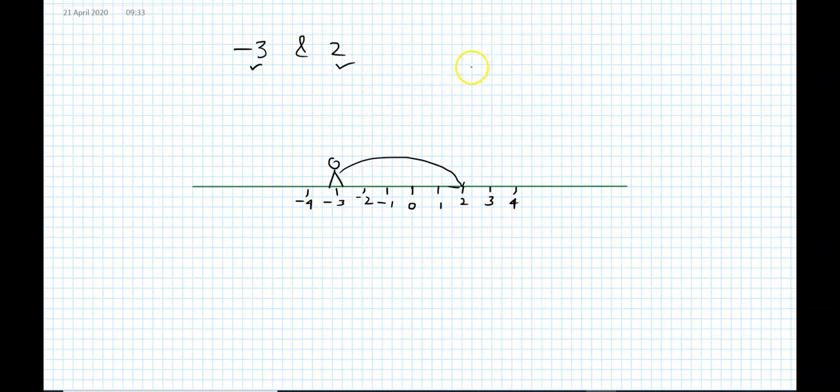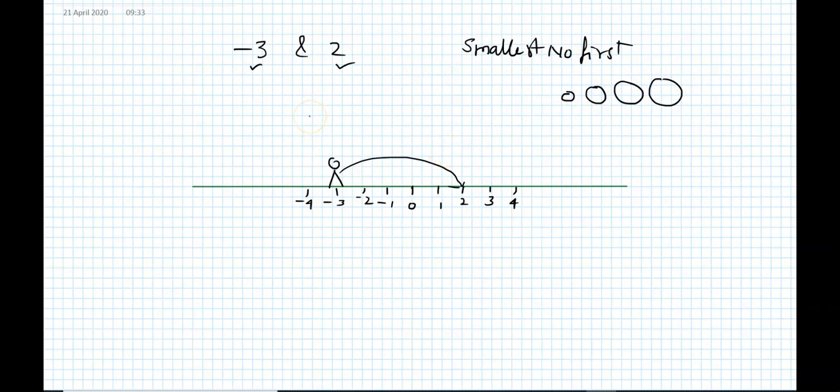If you are ordering, in the exam they always ask for the smallest number first. Smallest number first means first you write down the smallest number, then big, then bigger, and then the biggest number. This is the way you need to follow.